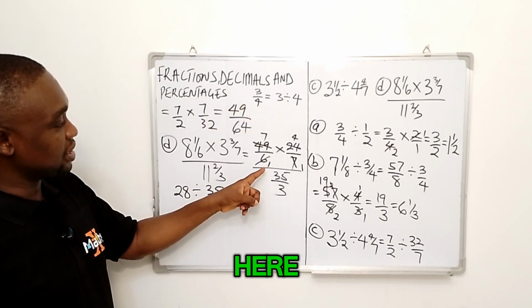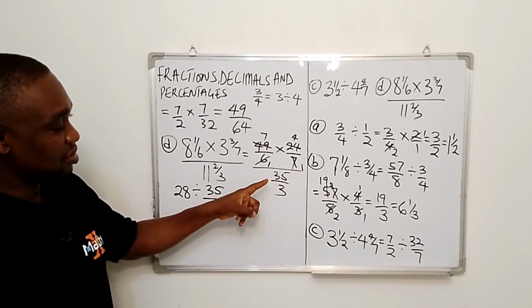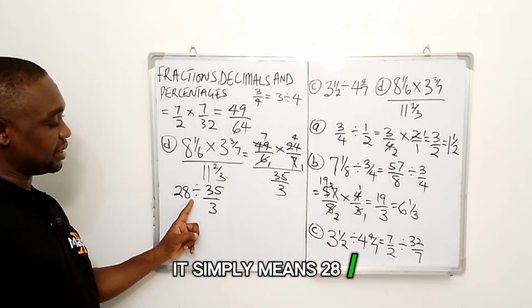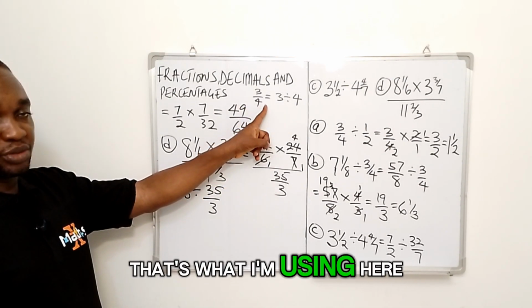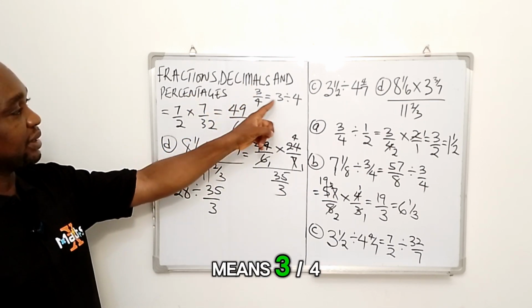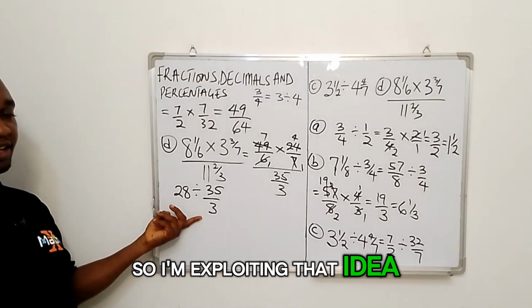This is what I'm using here. So where we had 28 over 35 over 3, it simply means 28 divided by 35 over 3. That's what I'm using here as a single fraction. So 3 over 4 simply means 3 divided by 4. I'm exploiting that idea here.